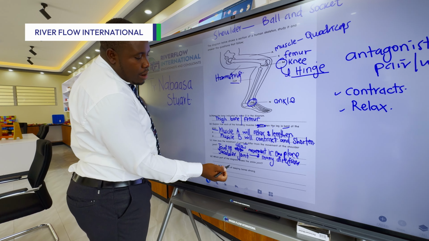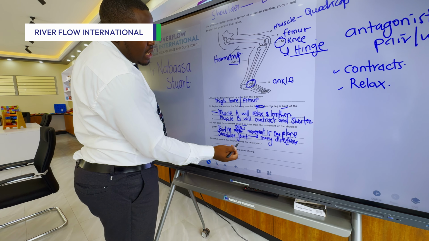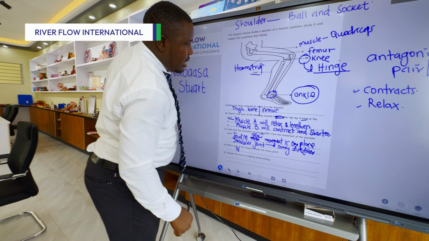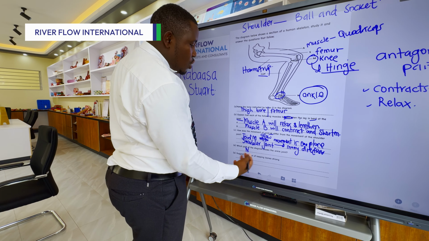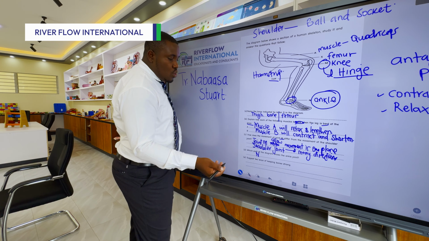Which part of the diagram shows the ankle joint? I already talked about it. So here we're going to say part N. And then they are saying suggest two ways of keeping the bones strong.